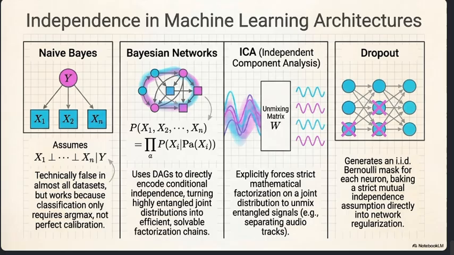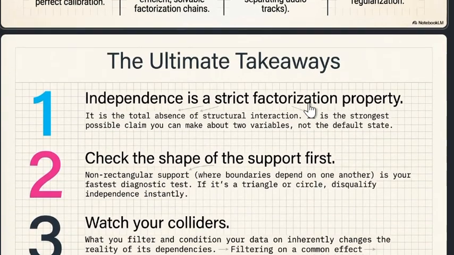Hidden Markov models rely on independence assumptions over time. Then there is dropout in neural networks, which encourages independent neuron behavior during training time. These assumptions simplify the computation and make learning much easier.